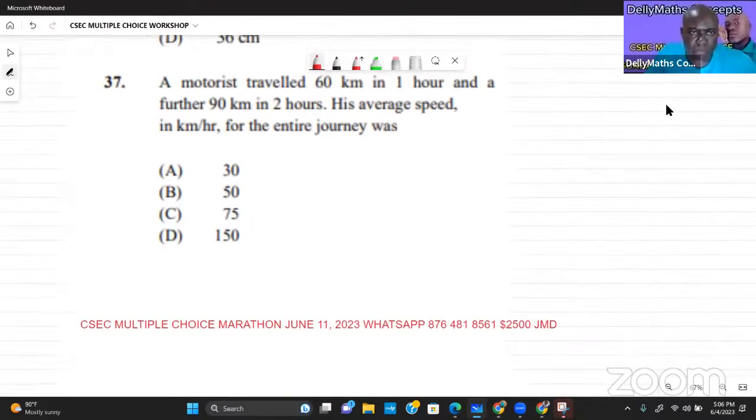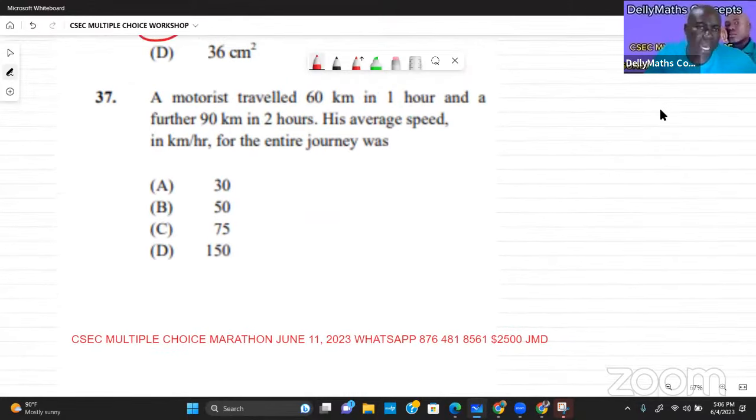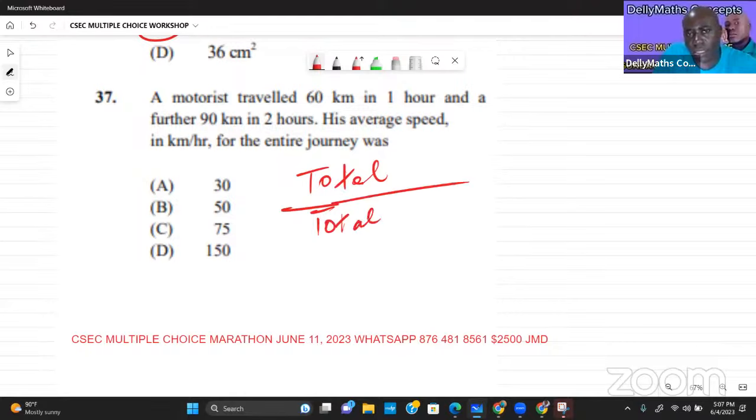Number 37. A motorist travels 60 kilometers in 1 hour and a further 90 in 2 hours. What is the average speed in kilometers per hour for the entire journey? Average speed is total distance over total time. Let me put D for distance over total time.